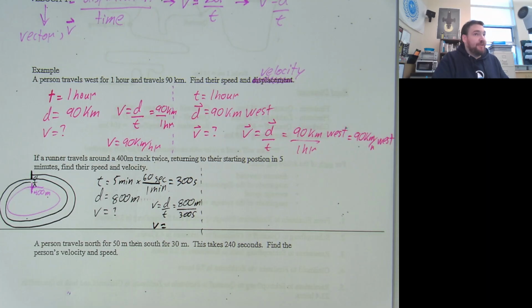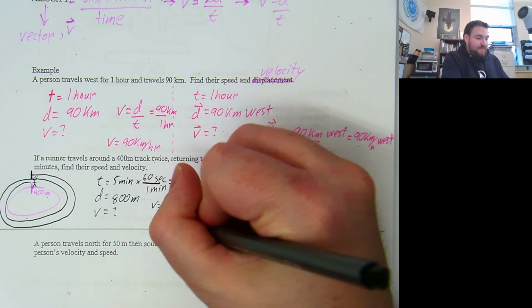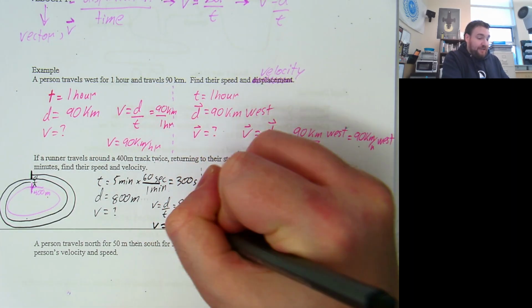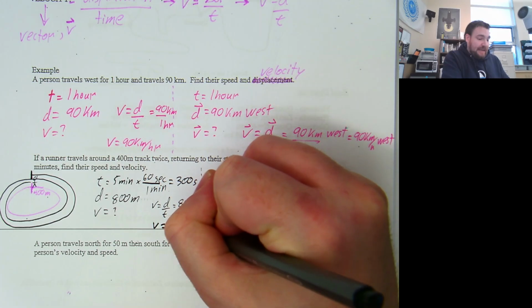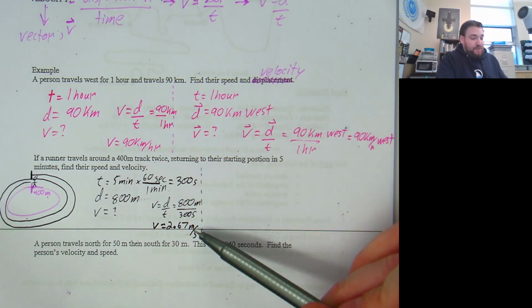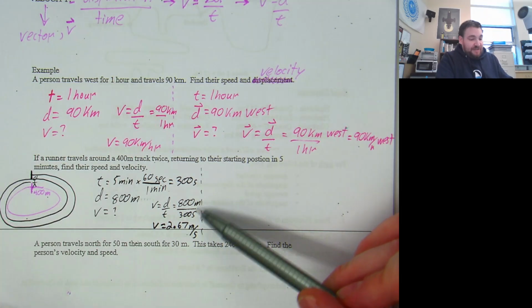You could theoretically do that in your head. Those zeros are going to cancel. Effectively, this is just 8/3. What'd you get? 2.6 repeating. So I'm going to round that to 2.67. And the units of that are going to be meters per second because the distance was in meters and the time was in seconds.